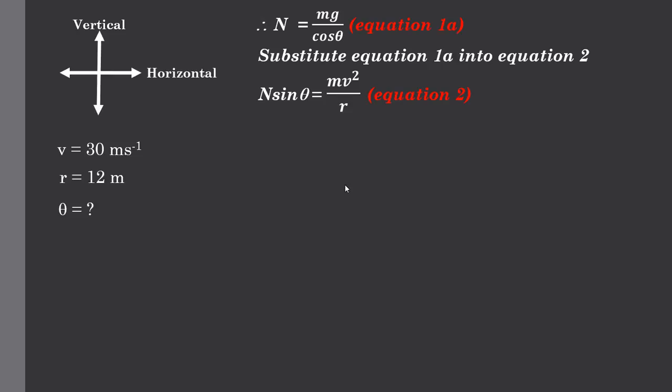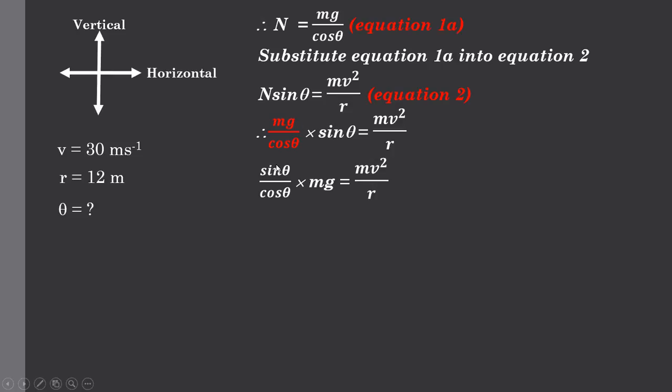So there's equation 2. Now if I substitute in n equals mg over cos theta, where the n was, I am left with mg over cos theta times sine theta equals mv squared on r. Let's group our sine and coses together in the one fraction and multiply that by mg.